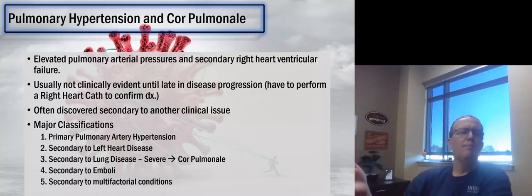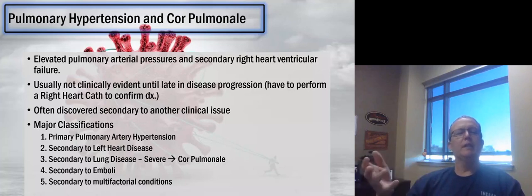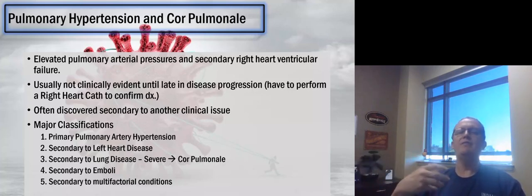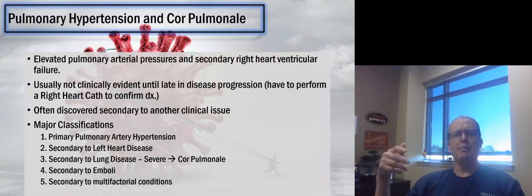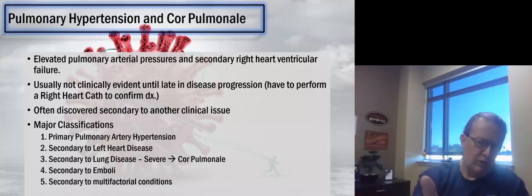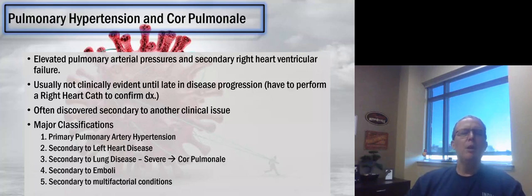We could do peak flow and pulmonary function tests to confirm that. However, that diagnosis could be made clinically that way. That doesn't happen with pulmonary hypertension. People commonly do not have symptoms that lead them to say, oh, I think I've got pulmonary hypertension, and go to a doctor, and the doctor in conversation says, you have pulmonary hypertension.